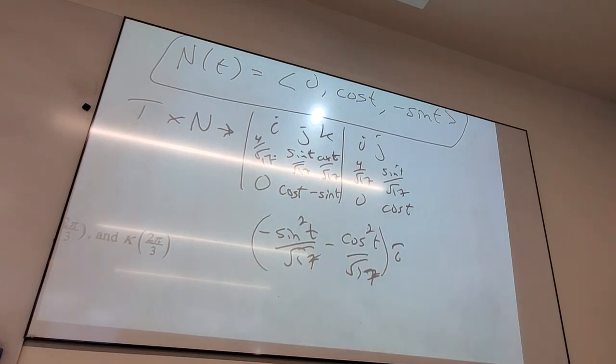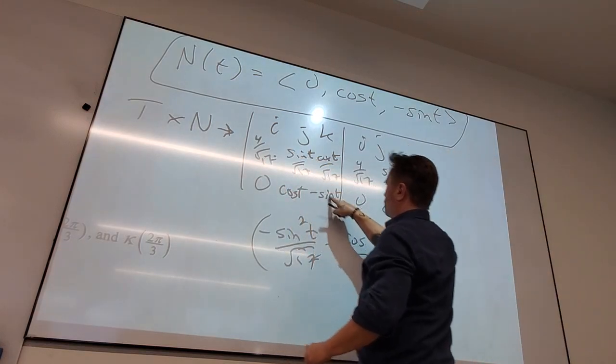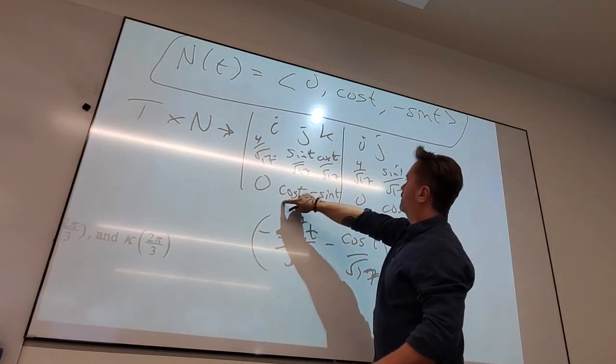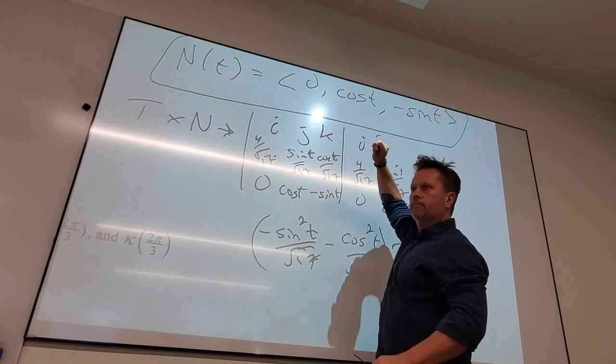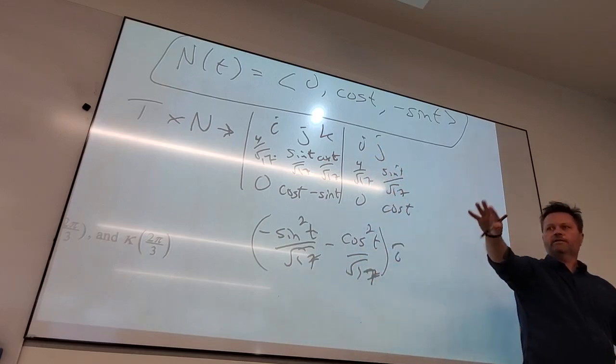Is that okay? And again, if you do it a different way, okay, do it that way. But for my i's, I get negative sine squared, and then I get minus cosine squared. And that'll simplify to negative, it will eventually, I know. Let's get there one step at a time.